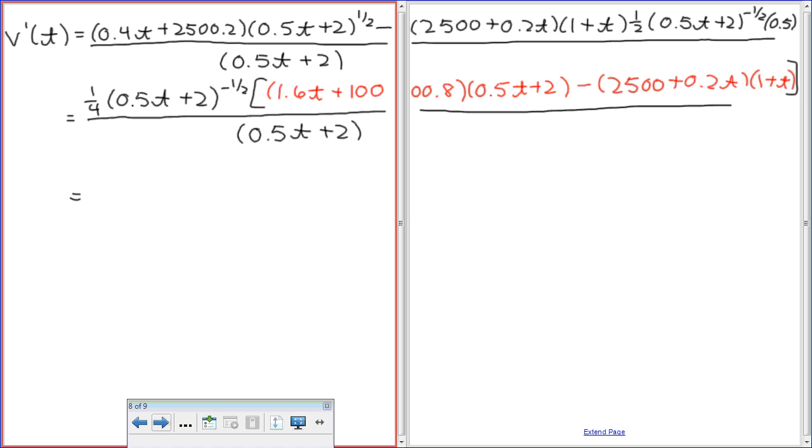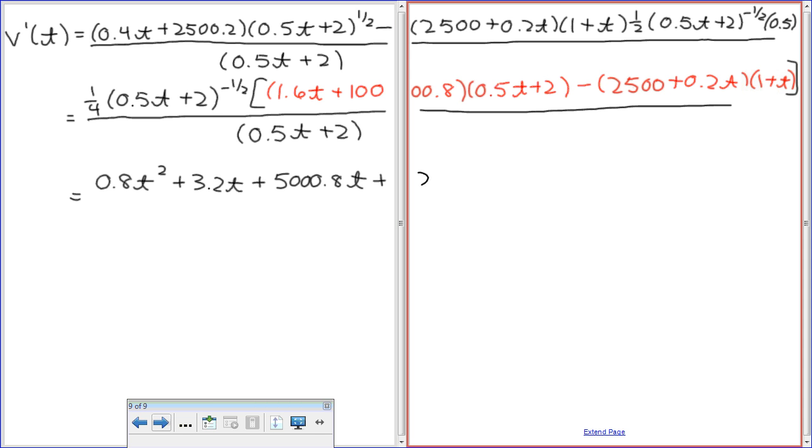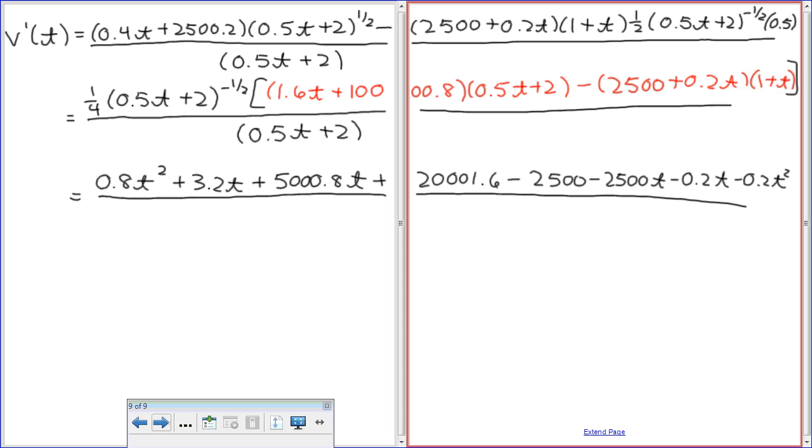So we'll be left with 0.8t, plus 0.8t squared plus 3.2t, plus 5,000.8t, plus 20,001.6, minus 2,500, minus 2,500t, minus 0.2t, minus 0.2t squared, all over 4 bracket.